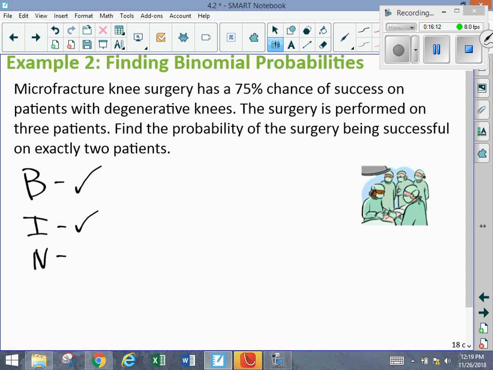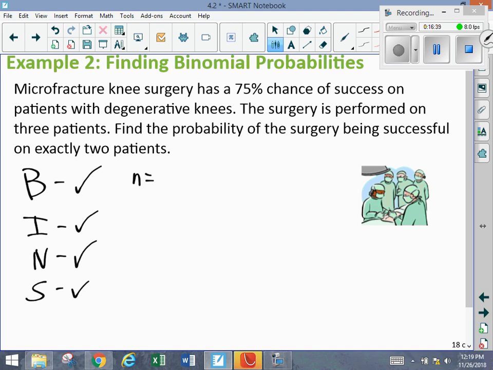Is there a set number of trials? Definitely, they're only going to do it 3 times. And is the probability of success of each trial the same? Yeah, it's 75% chance of success no matter what. Okay, so now we're going to determine what n is.